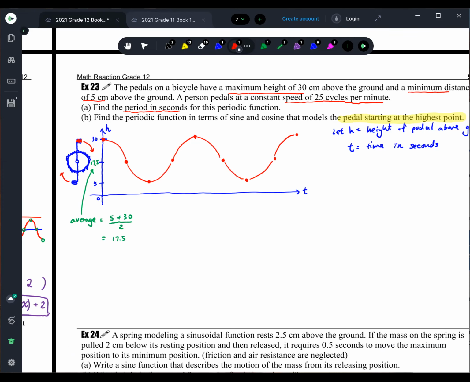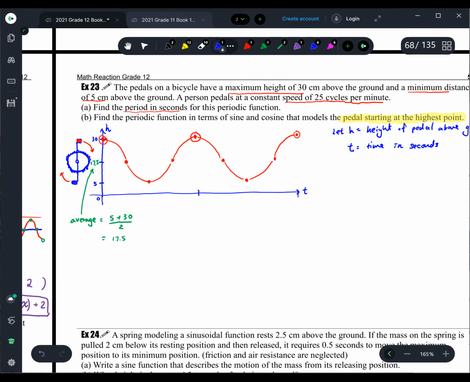So the graph that I drew here is like 2 cycles, right? It makes 2 turns. The highest point goes down, goes back up to the same place. From the beginning to here, that will be called 1 cycle. After that, it goes down and goes back up again. That's another cycle.